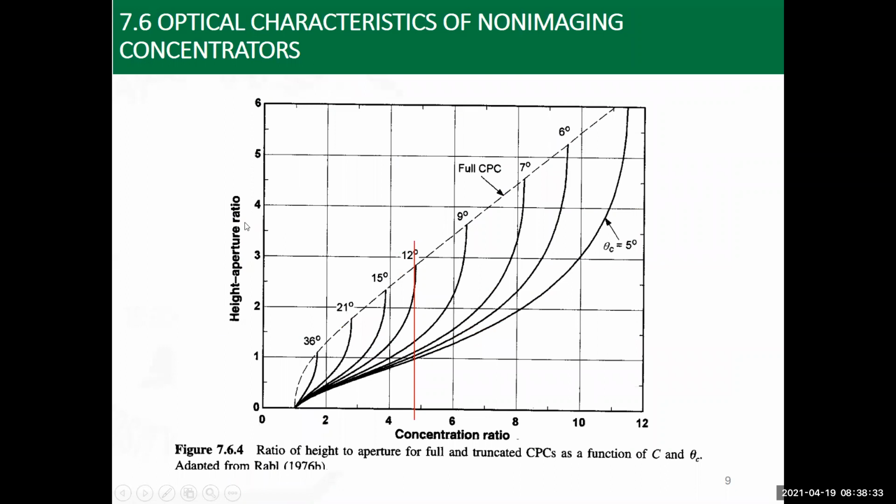So height aperture ratio. And based on the concentration ratio, or as a matter of fact, based on the angle theta c, you can see what will be the concentration ratio.